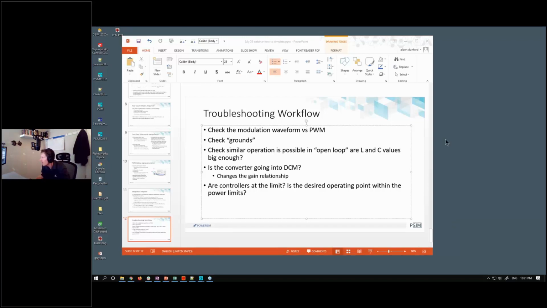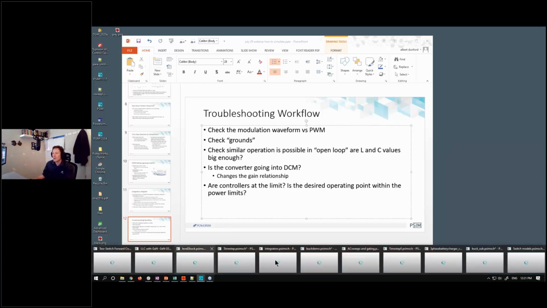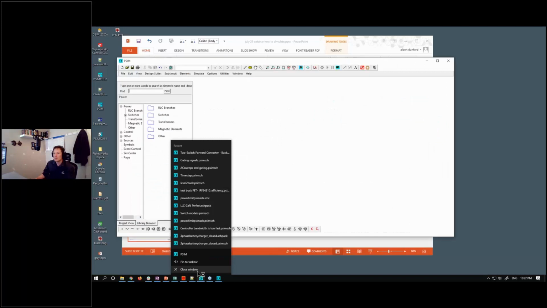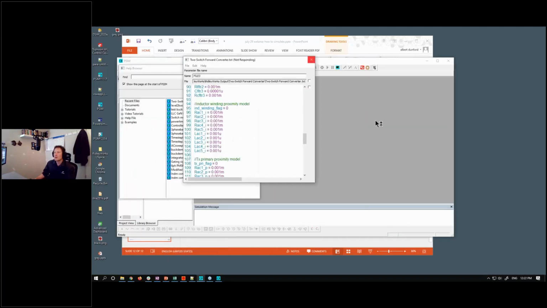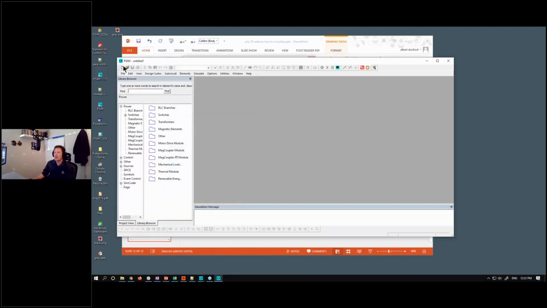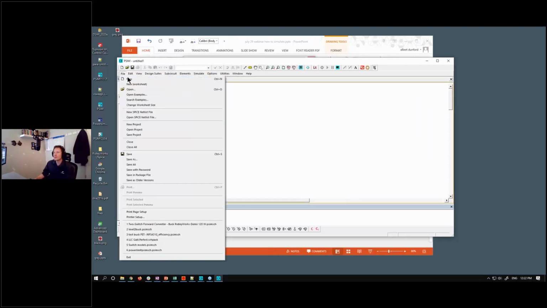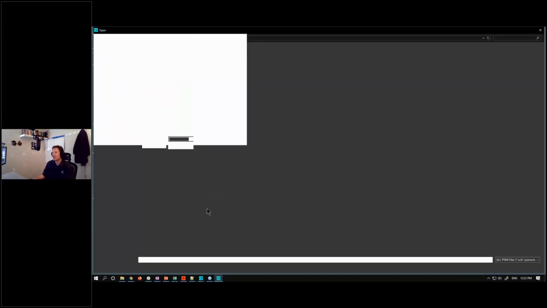Is there a block to interface with the solver for C code generation? Yes. We're getting a few questions about C code now. If you have a question about code generation, there's a whole host of example circuits.